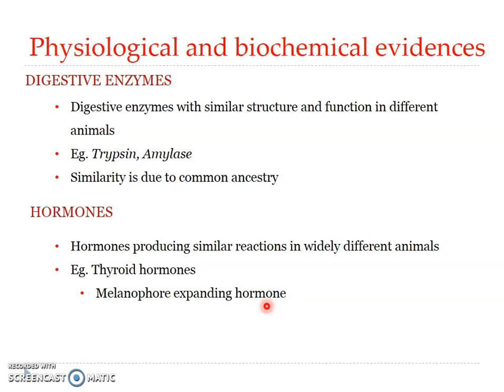So this can be explained only on the basis of descent from a single common ancestor, to which the hormone was useful. So the melanophore expanding hormone was present in the ancestor from which the mammals as well as the amphibians had evolved.